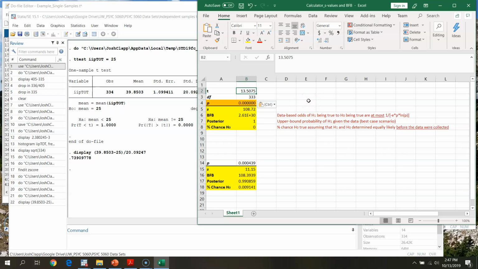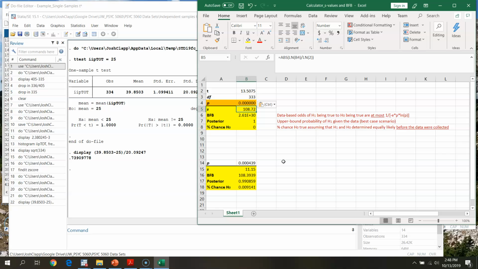So here's my test statistic, here's my degrees of freedom, and my p-value, which Excel will calculate for you. And again, p is still 0.0000, but we're using Excel to calculate both your S value and your Bayes factor bound, right? So your S value is 108, or I guess 109.